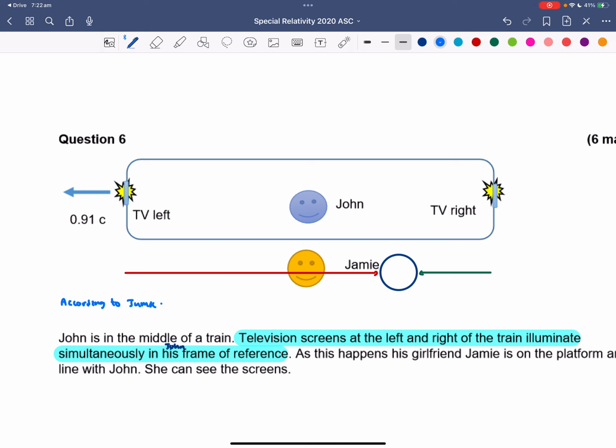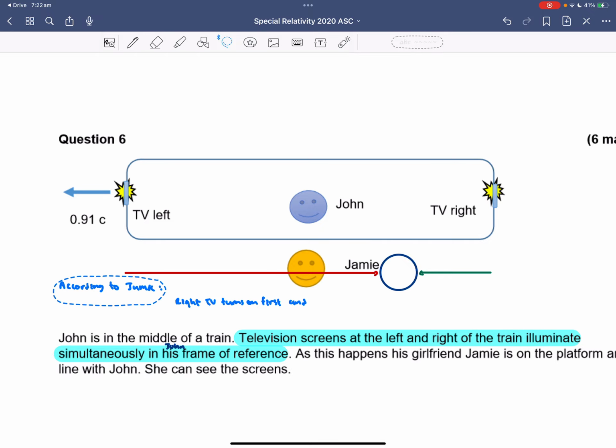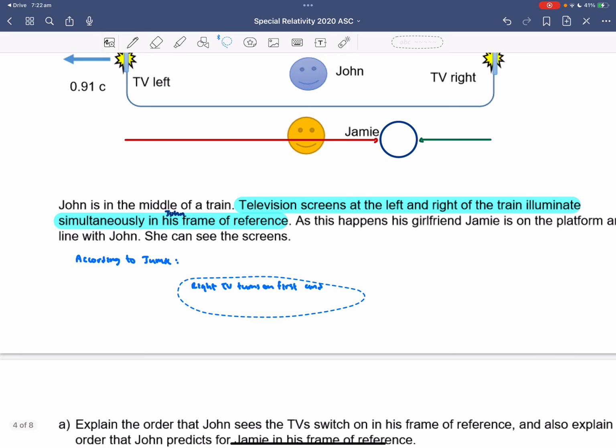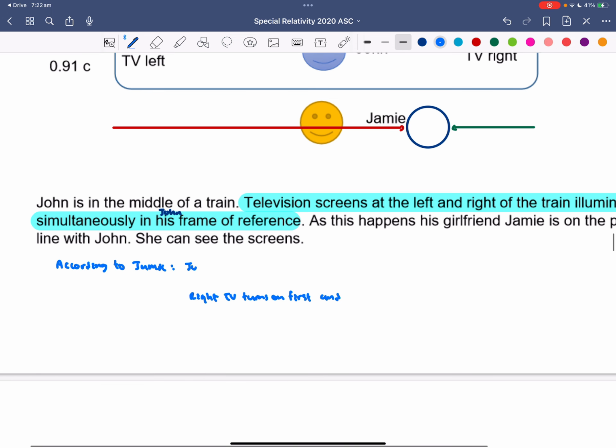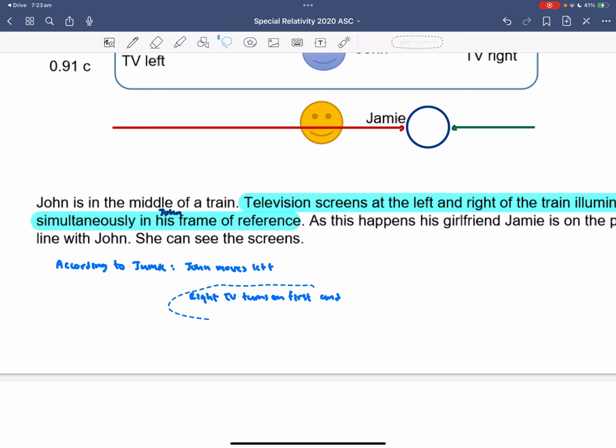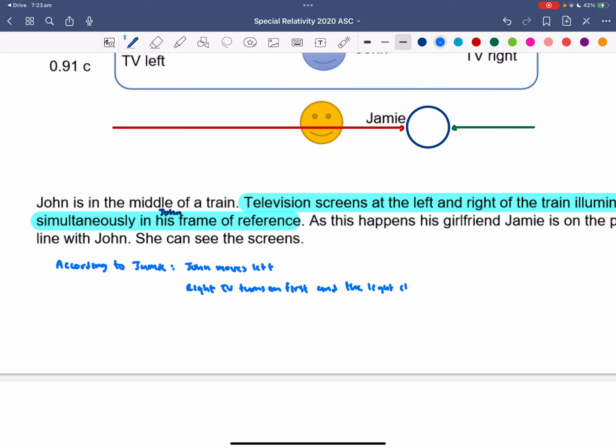So according to Jamie, the right TV turns on first, and John moves left. According to Jamie, the right TV turns on first and the light chases John, tries to catch up to John.